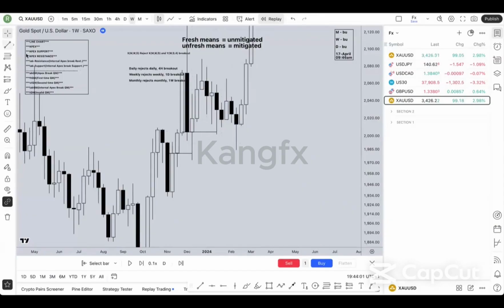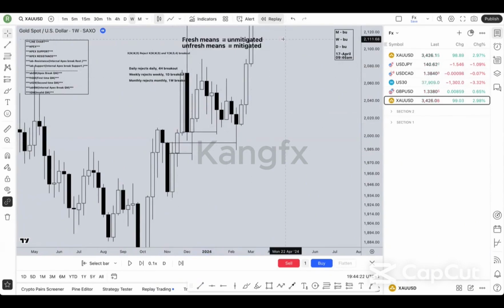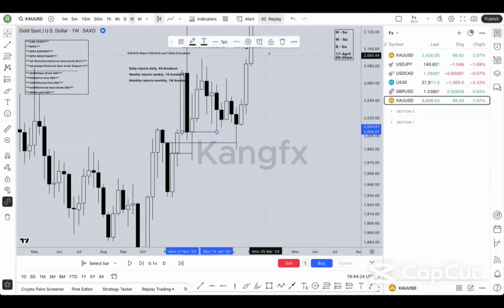I cannot come and mark here and say I'm using it as my rejection all the way down to this place. No, because this area is unfresh. This one already mitigated all these. These levels are no more fresh, they've been mitigated.